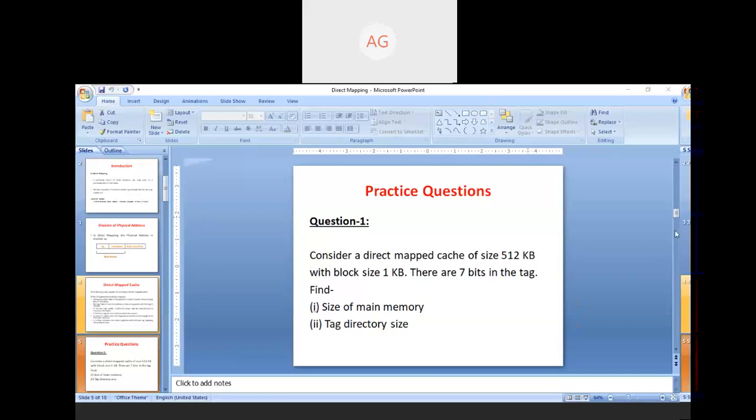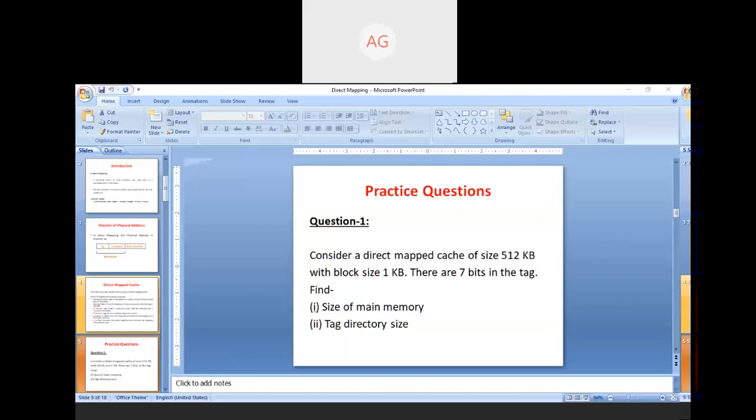So basically in this question, we solved the first part of the question, the size of main memory, in the last class, and we are going to discuss the second part of the question, which is tag directory size. Just a minute. Other students are going to join the class. Okay, so this is the question.